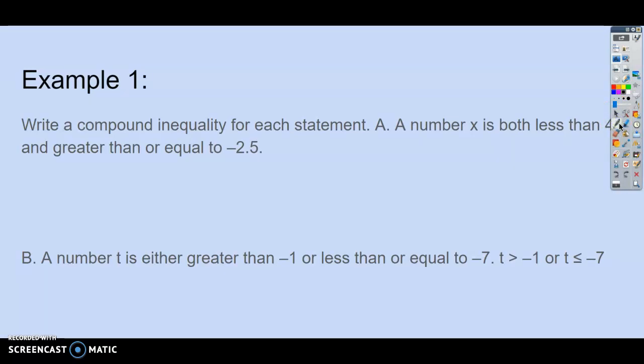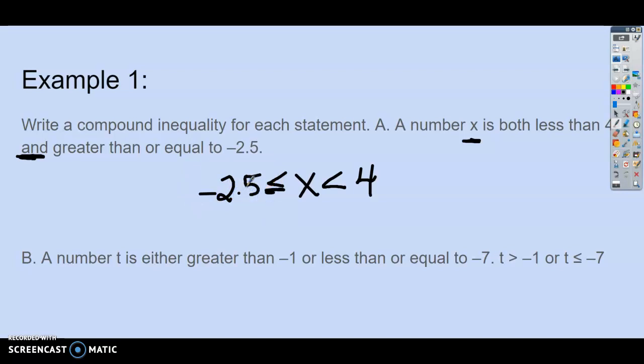With an and statement, I know my variable is going to be in the middle. So I'm going to go ahead and write, since it says a number x, let's use x. So a number x is both less than 4, so x less than 4, and, that's how we knew the x goes in the middle, greater than or equal to, greater than or equal to has a line under it, -2.